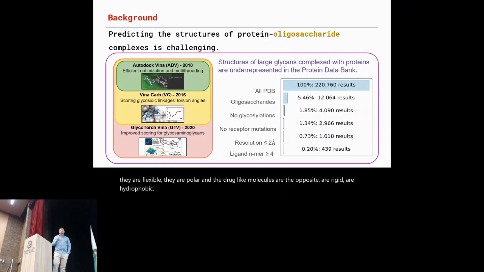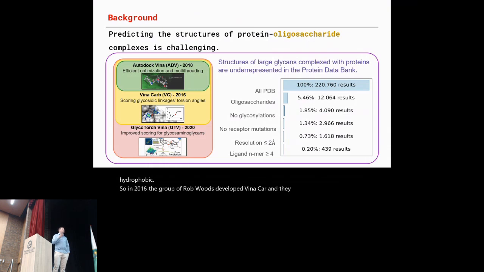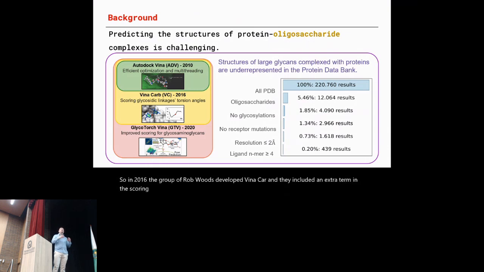So in 2016, the group of Rob Woods developed Vina Carb, and they included an extra term in the scoring function to penalize the glycosidic bond angles away from the minima. That allows to improve the shape of the glycan during the conformational search process.